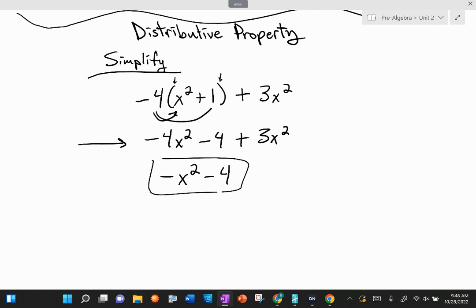Because they had different signs, Alex, what it looks like is I've got negative 4, then I'm adding 3 to that. So by adding 3 to that, I should actually be going up. We go negative 4, negative 3, negative 2, negative 1. So that's why I have negative x squared right there.